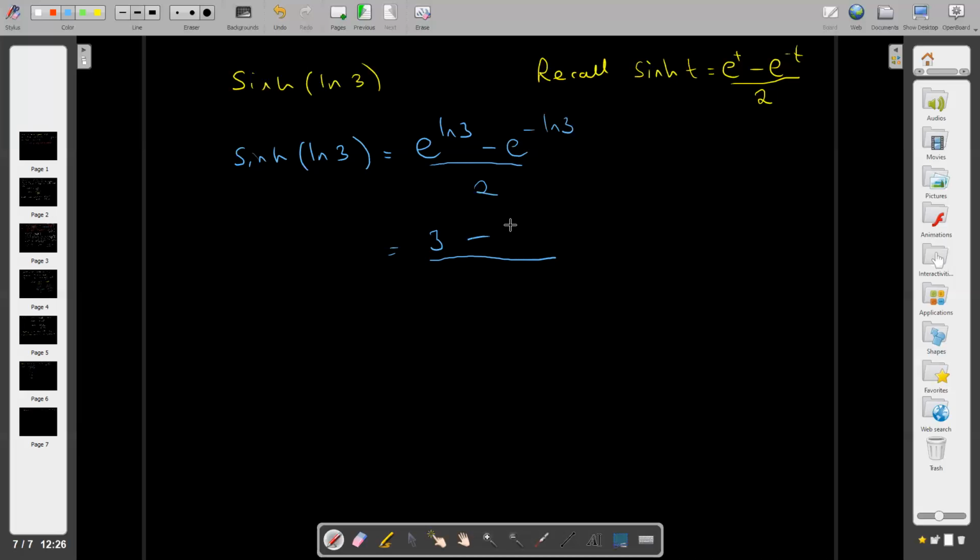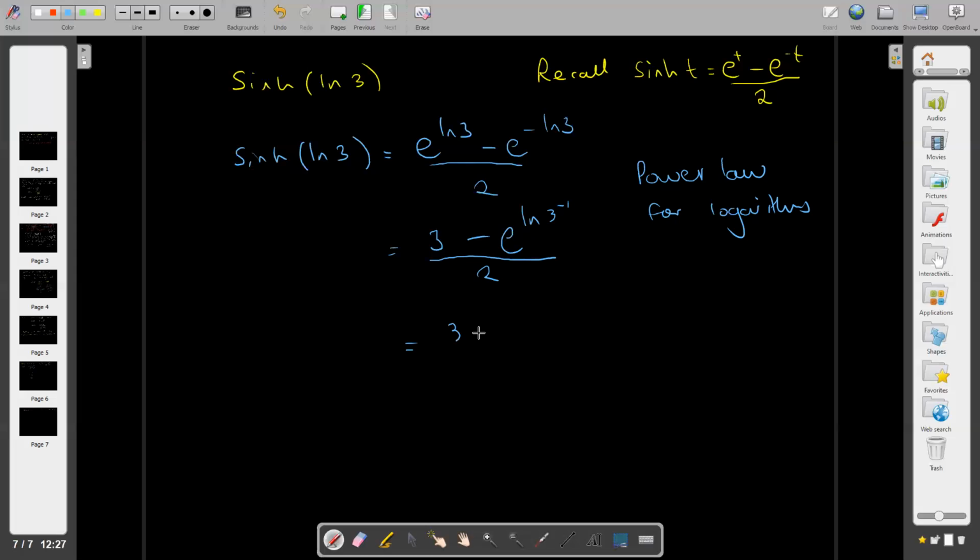So I could write this as subtract e to the natural log of 3, to the power minus 1. So this is the power law. Remember the power law for logarithms. So that's what I've done there. I've brought this power minus 1 up top, divided by 2. And the reason for doing that is now I can use the e's and the natural logs cancelling.